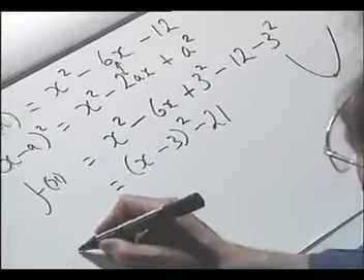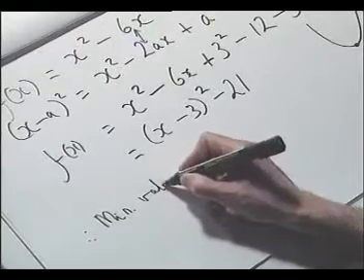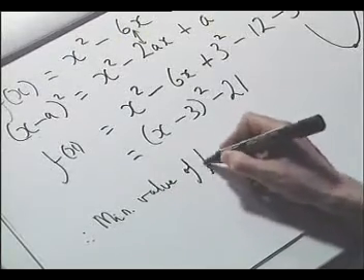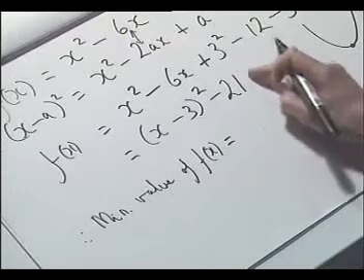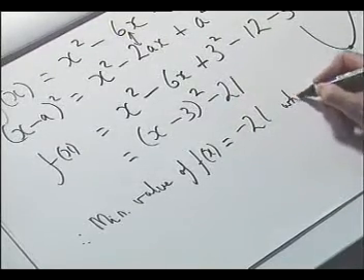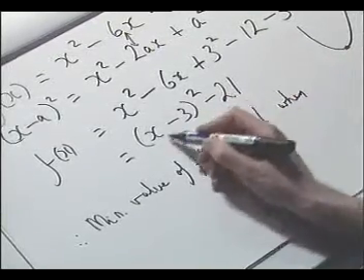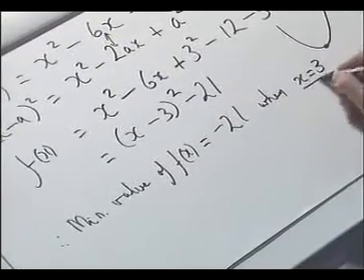So therefore, we can say that the minimum value of our quadratic function f of x is minus 21 when this bit is 0, in other words, when x equals 3.